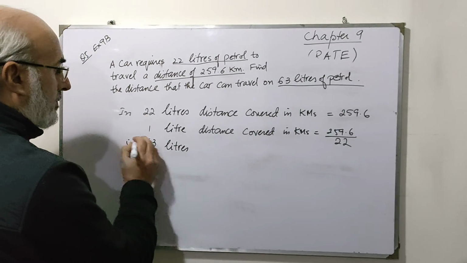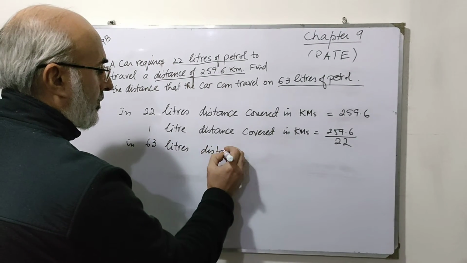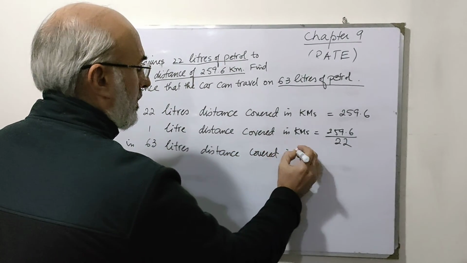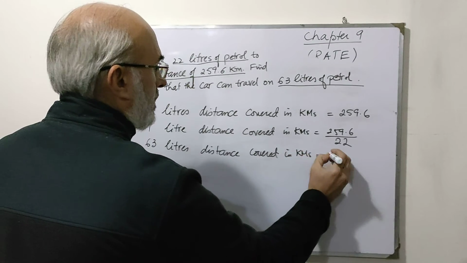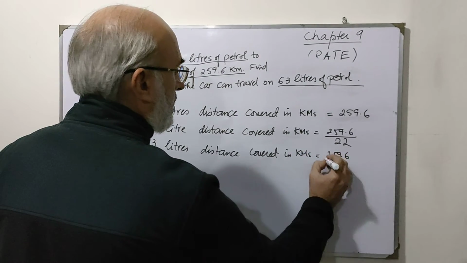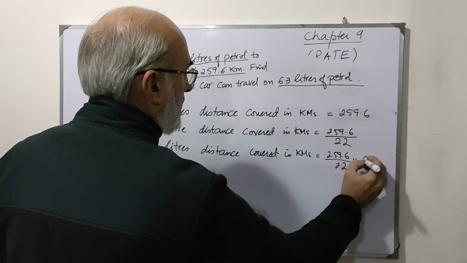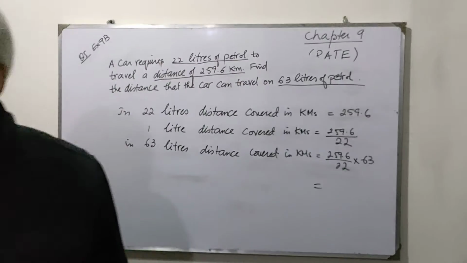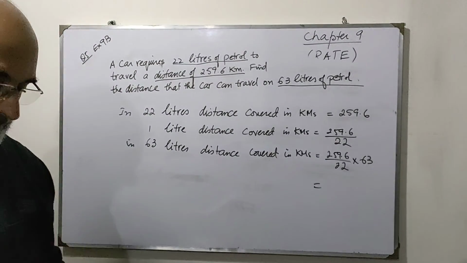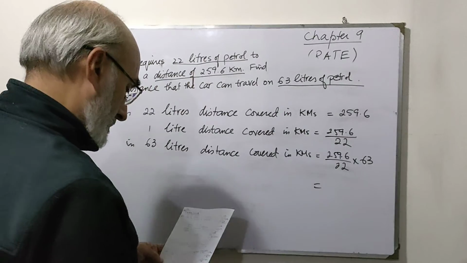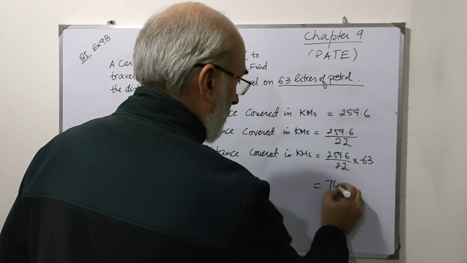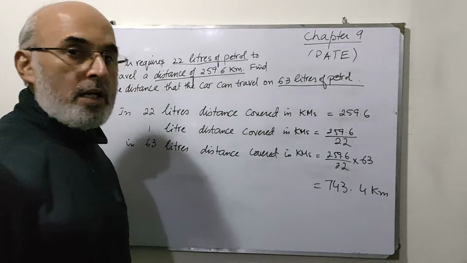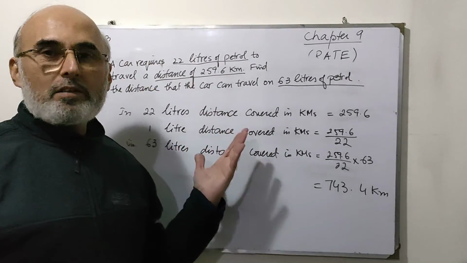In 63 liters, distance covered in kilometers is 259.6 divided by 22 into 63, which is 743.4 kilometers. Okay, so it's simple now.